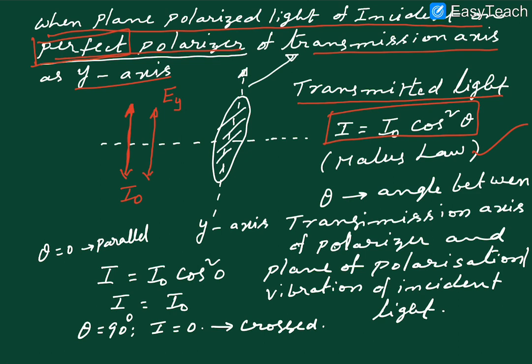Here what is theta? The angle between the transmission axis of the polarizer and the plane of polarization, that is the vibration of incident light. When theta is 0, that is parallel, we get maximum light. When theta is 90, it is 0. That is in the case of a perfect polarizer.